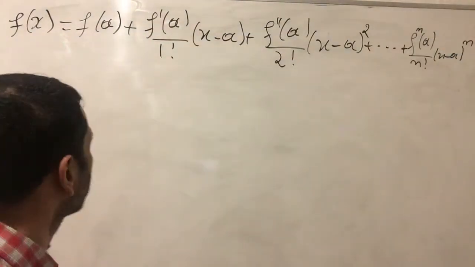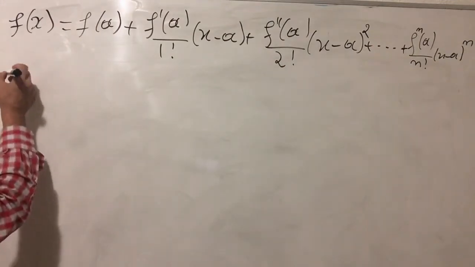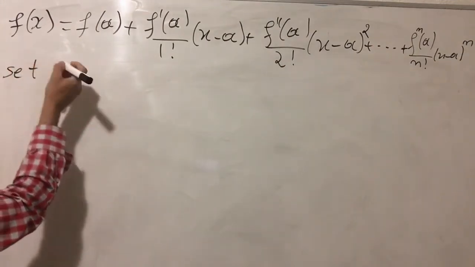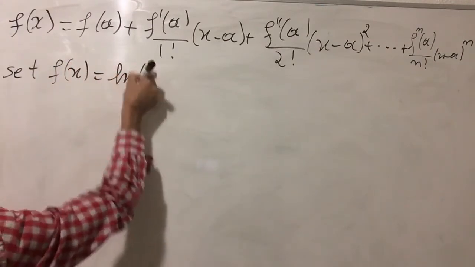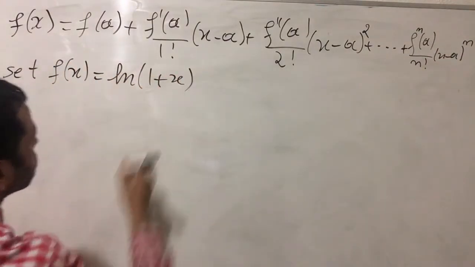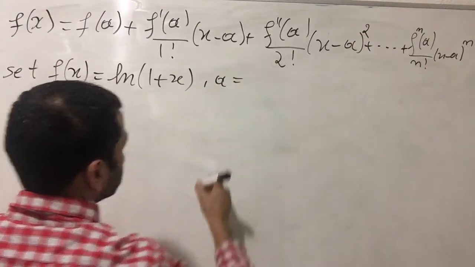Okay, so now what I'm going to do is take the case a equal to 0. So I'm going to set f of x equal to natural log of 1 plus x. I'm taking a equal to 0 as a special case.